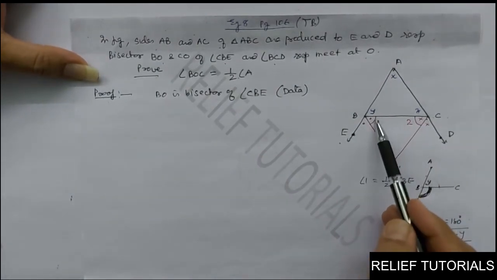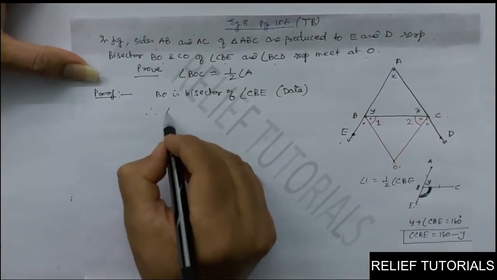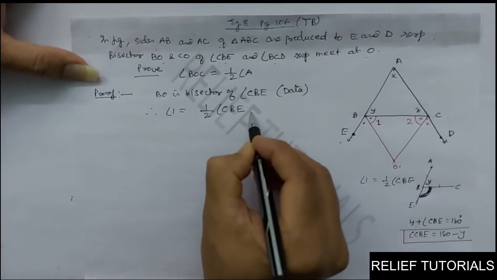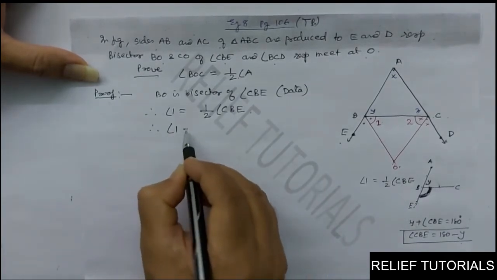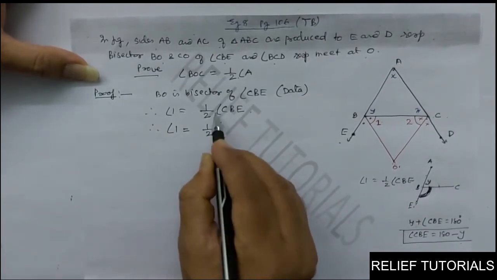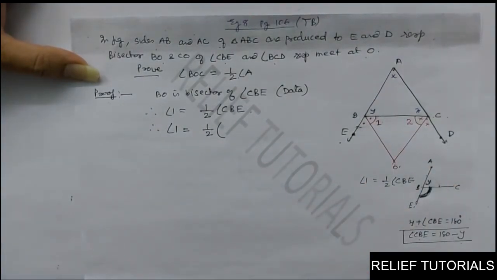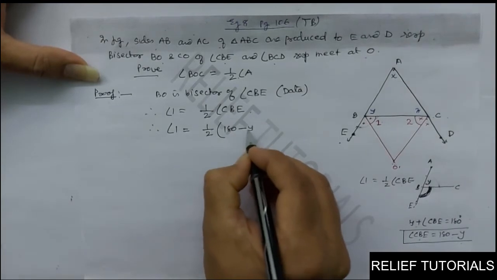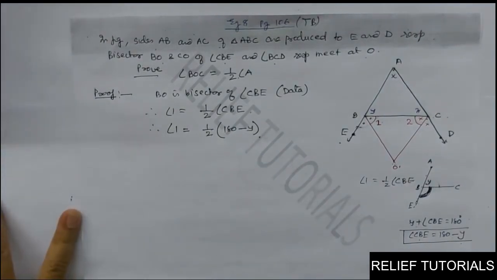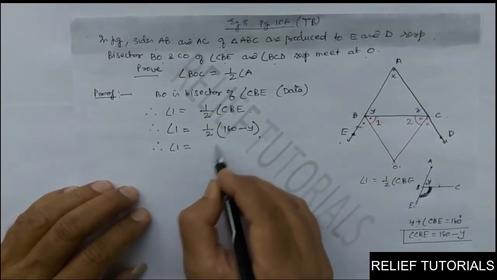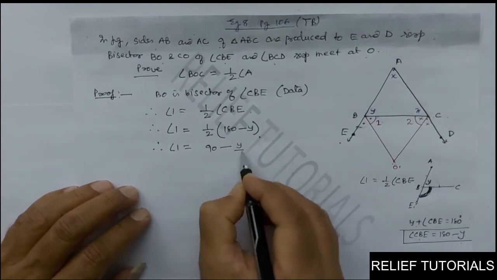So BO is bisector of angle CBE. Clear? So this angle 1, therefore angle 1 is equal to half of angle CBE. And the CBE is equal to how much? CBE is equal to 180 minus Y. So therefore I can write angle 1 is equal to, I have to multiply this, half into 180, 90 minus Y by 2.